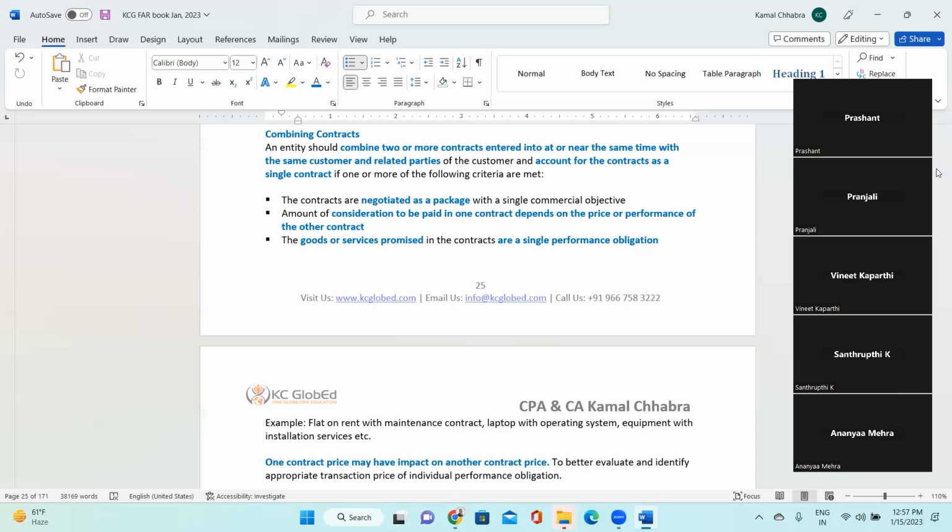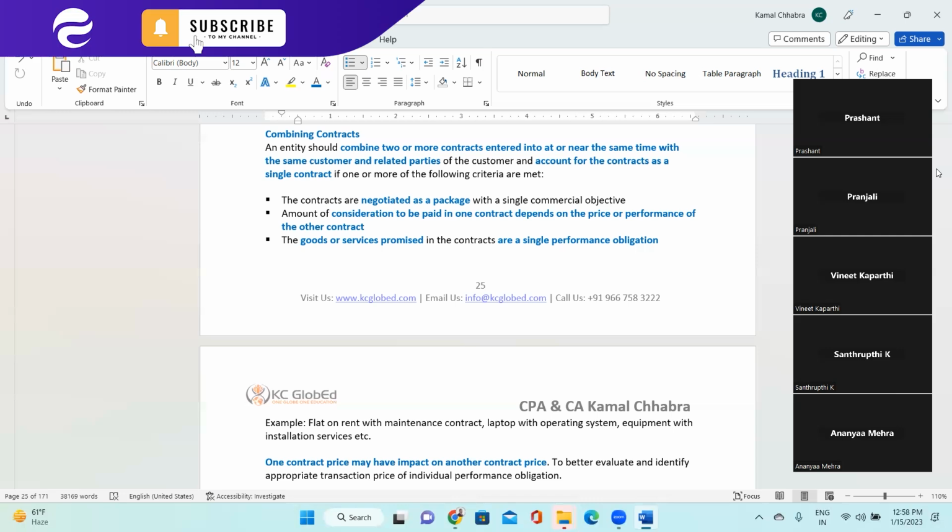Third is the goods and services promised in the contract are a single performance obligation. For example, a flat on rent with a maintenance contract. If you take any flat on rent, then maintenance will automatically come with it, right? Or if you are purchasing a laptop with an operating system, or equipment with installation services.